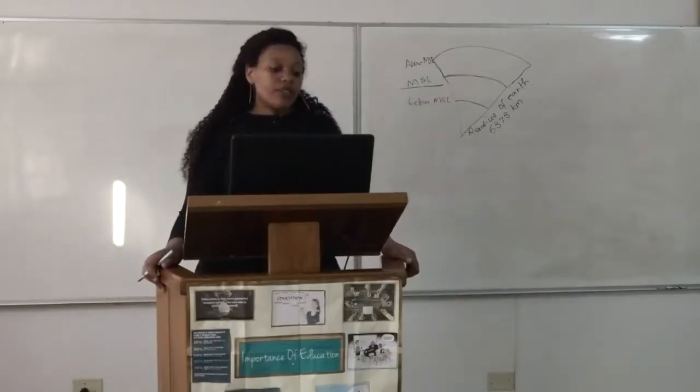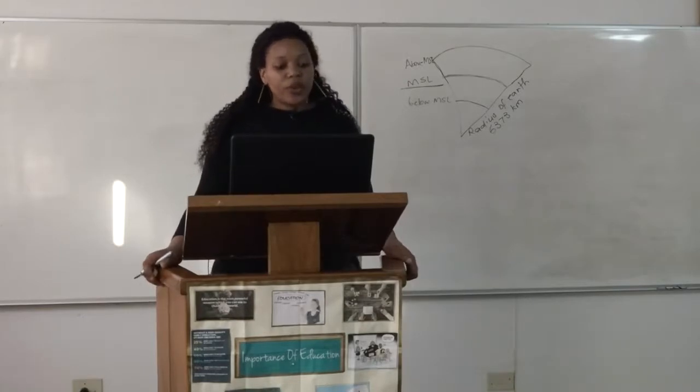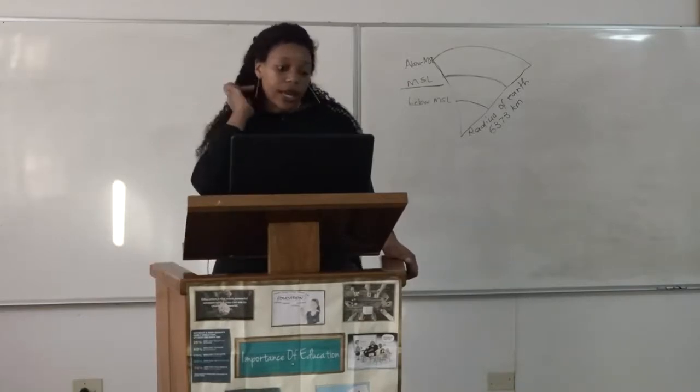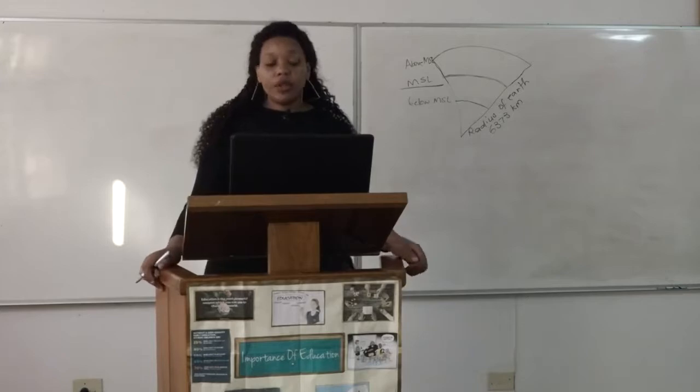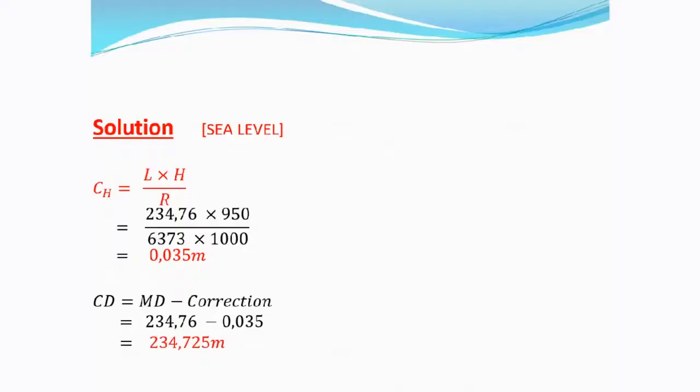Okay, let us look at the formula when you are doing the correction of the height above and below the main sea level, which is length times height divided by R. Our length is 234.76 meters times our height, which is 950 meters, and our radius is 6,373.